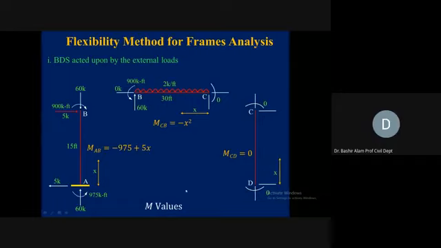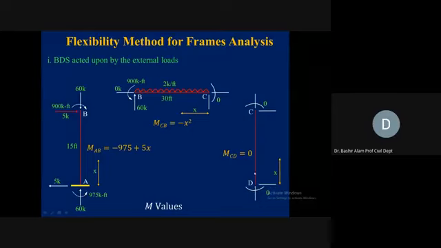And D. Now, if we start analyzing from the right-hand side, on the right-hand side we don't have any load. So here the axial force, you see the vertical line at D, that is 0. The shear, the horizontal line, that is 0. And the moment is also equal to 0.